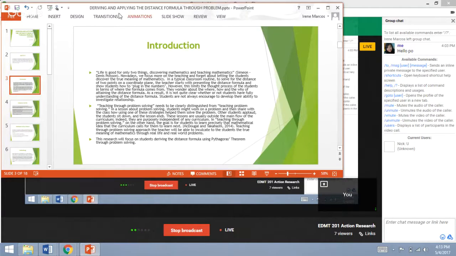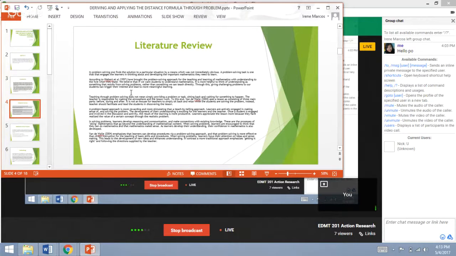So in problem solving, one finds the solution to a particular situation by a means which was not immediately obvious. A problem solving task is one that engages the learner in thinking about and developing the important mathematics they need to learn.